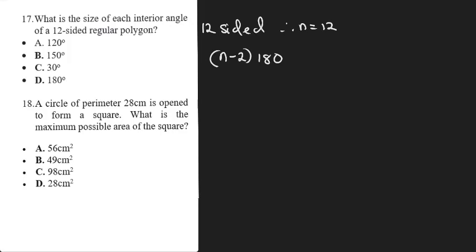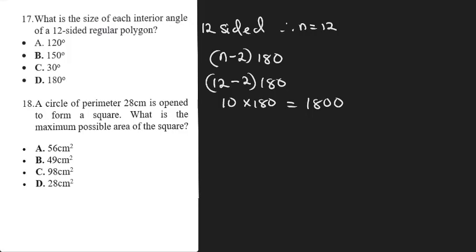So this one is going to be 12 minus 2 times 180 degrees. So 12 minus 2 is 10. Then 10 times 180 degrees is equal to 1800. So this is the total angles in the polygon.